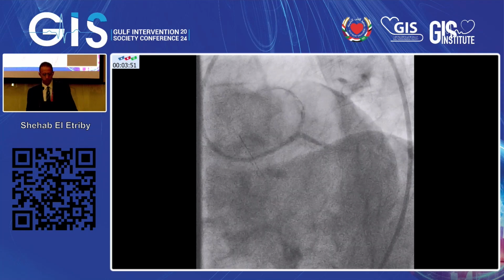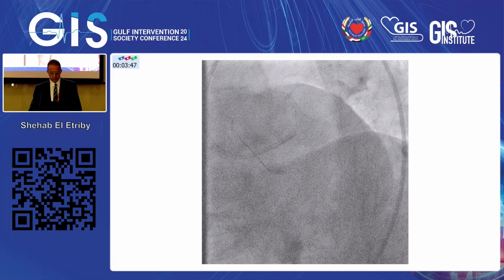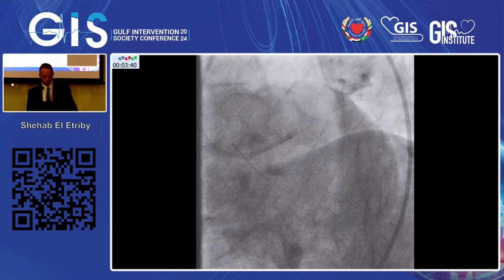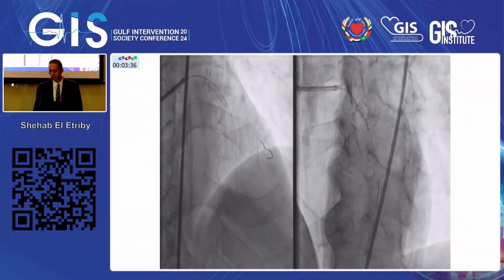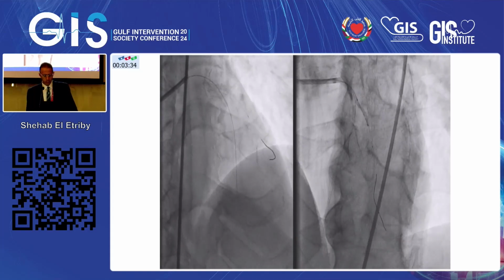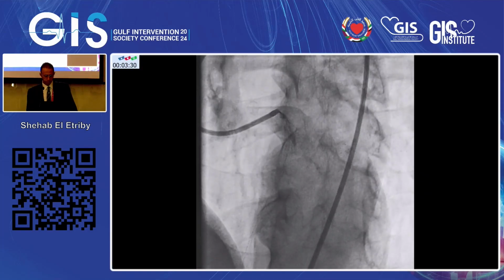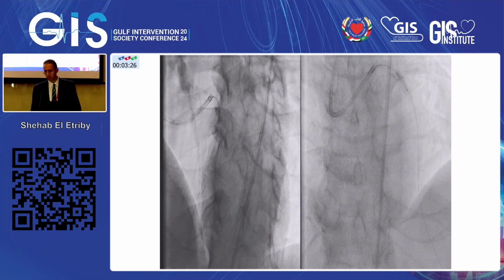And then we took a 3.0 balloon. We decided, as you can see here in the LAD, this was a sizable diagonal with almost a subtotal occlusion. So we decided to do a mini crush for the diagonal in LAD by stenting the diagonal first, and then crushing with a 1-to-1 non-compliant balloon.